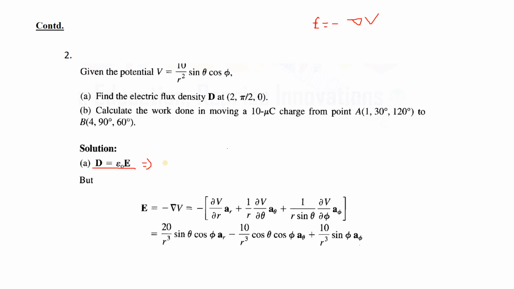If D, the electric flux density, is equal to the absolute permittivity times the electric field intensity, then D is epsilon naught E. So we can write epsilon naught times minus gradient of V.